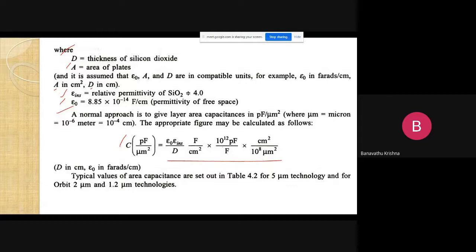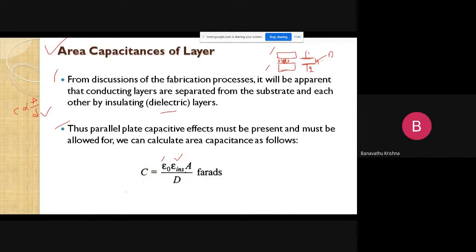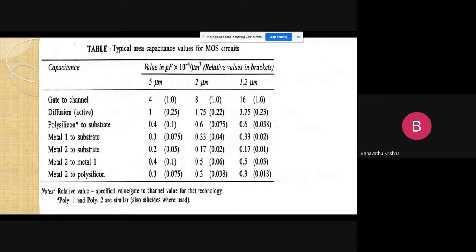This capacitance of layer concept is also applicable to various technologies, such as 5 micrometer technology, 2 micrometer technology, and 1.2 micrometer technology. So this is the area capacitance of layers, and this is the table.